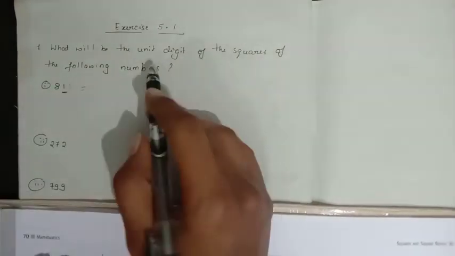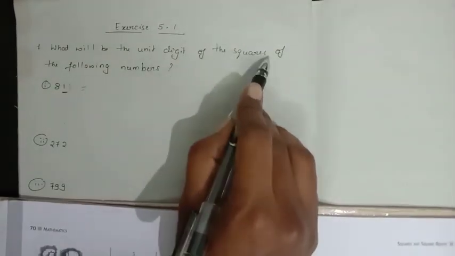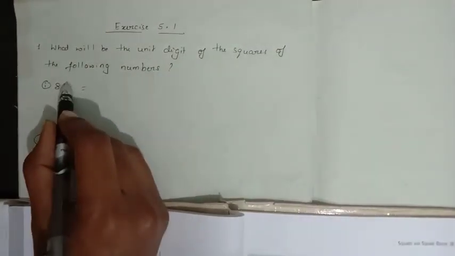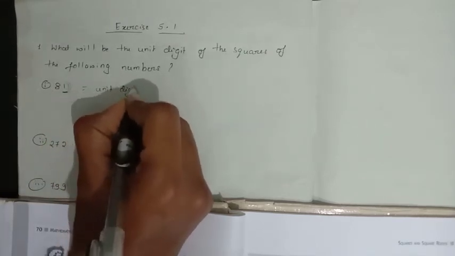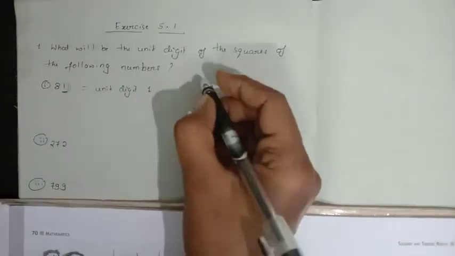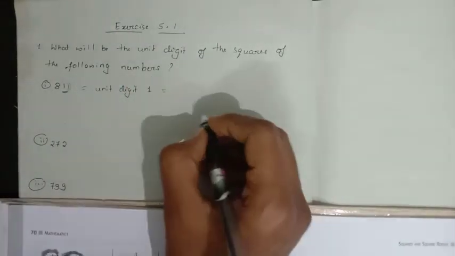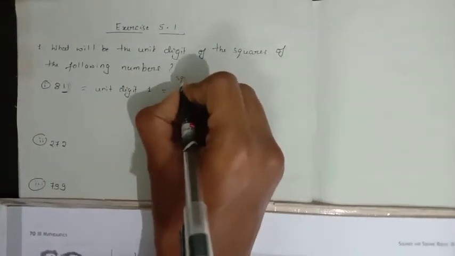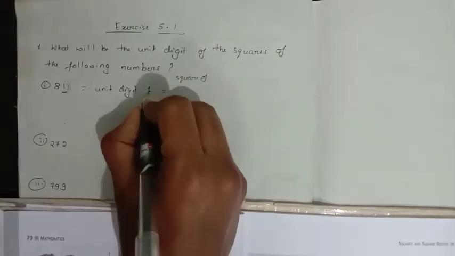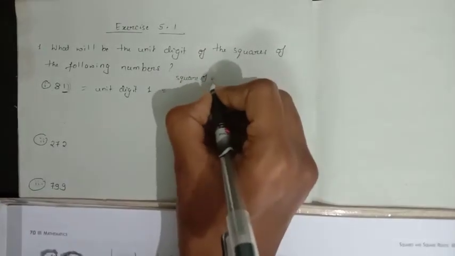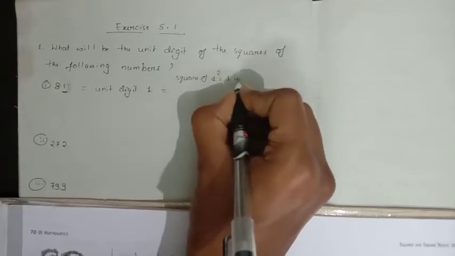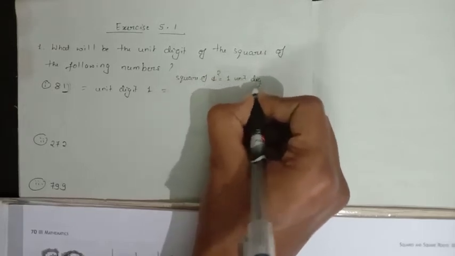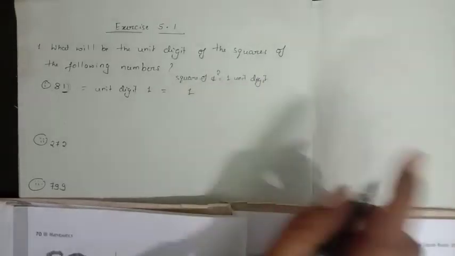So the question is the unit digit of the squares of the following numbers. The unit digit is 1 here, so the square of 1, that is 1 squared, has the unit digit 1. So in 1 there is no confusion.